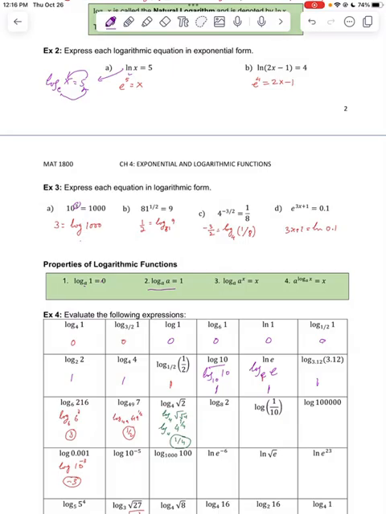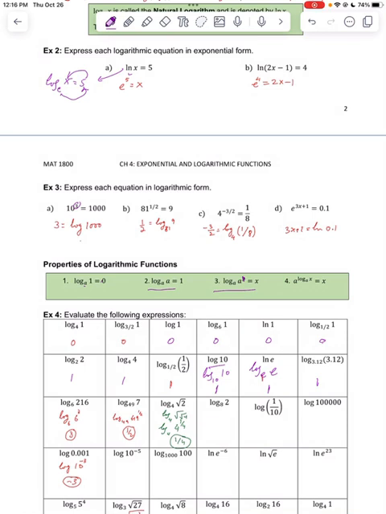Okay, looking at the third property of the logarithms. This says if we take the log base a of a raised to x, this, if you notice, is a slight modification of property number 2.